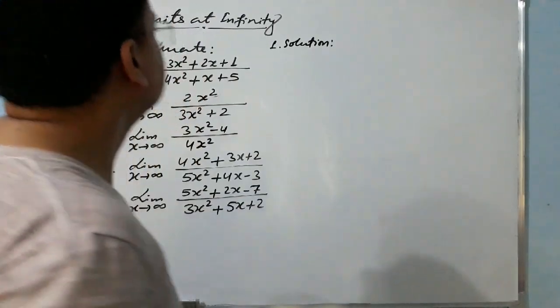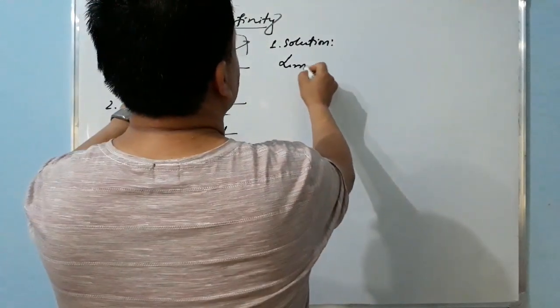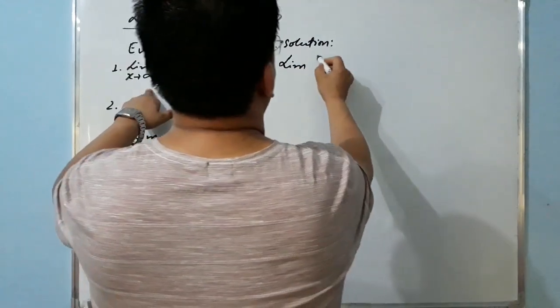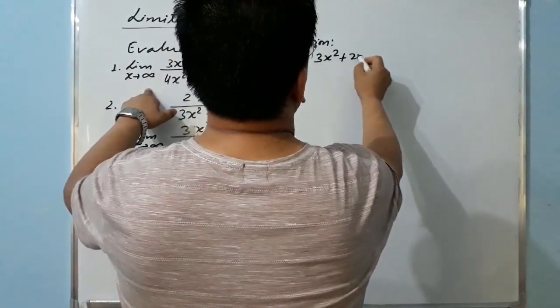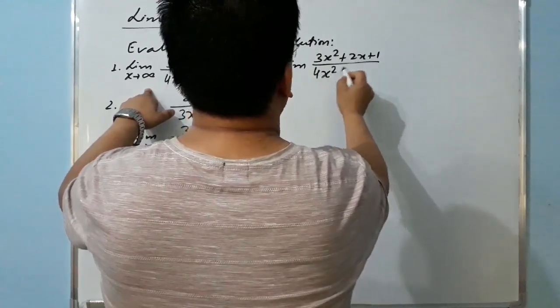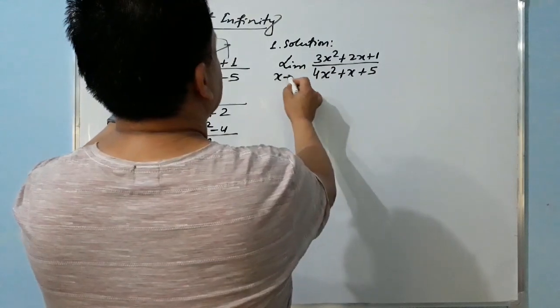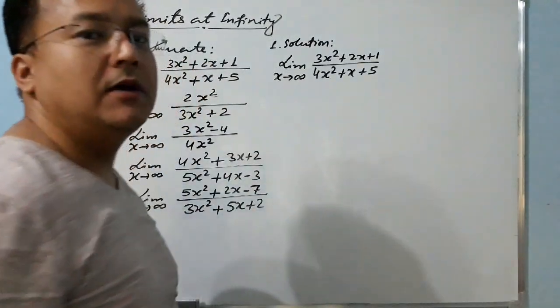Solution. First question: the limit of the rational algebraic function (3x² + 2x + 1)/(4x² + x + 5) as x tends to infinity.